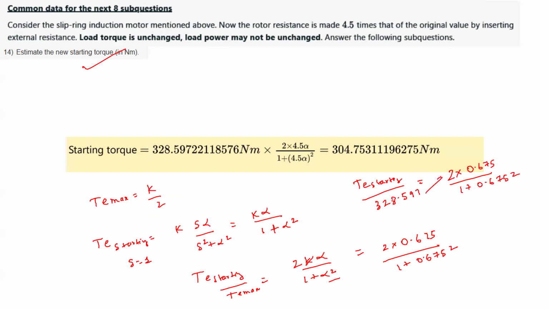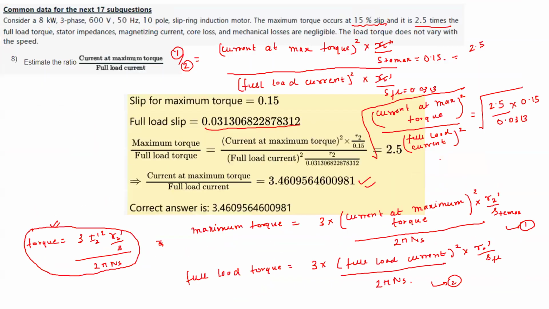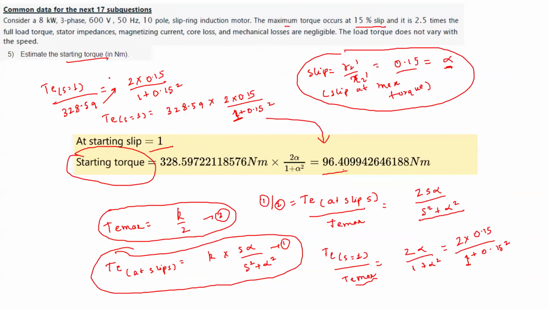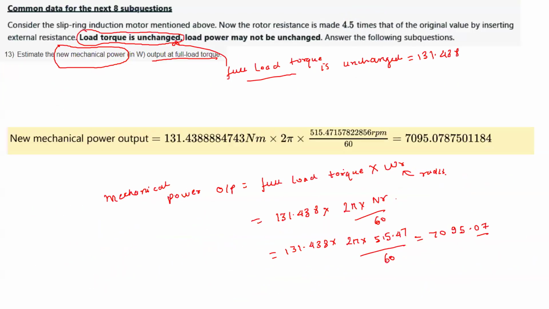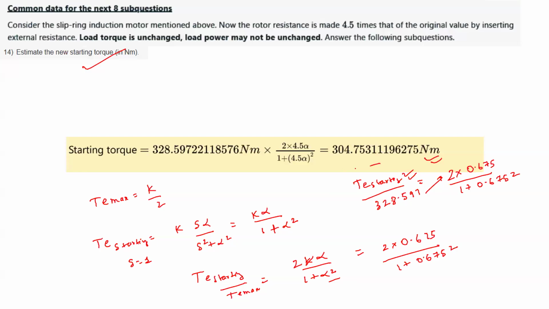So you just cross multiply here, and you will get the new starting torque. You will see that the new starting torque is 304.75, and the old starting torque would be a lesser value. Old starting torque was only 96.4. So by adding this much external resistance, you get higher starting torque. Okay, so that is how you can solve this question.